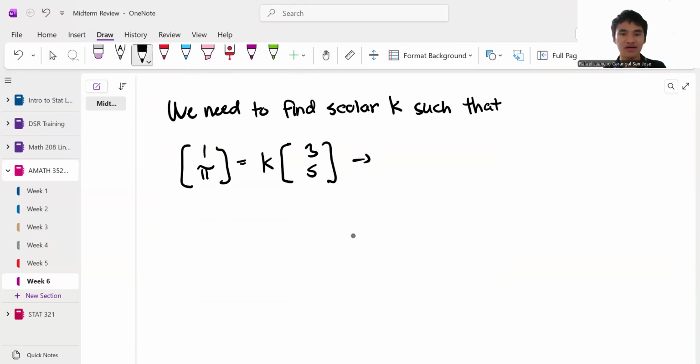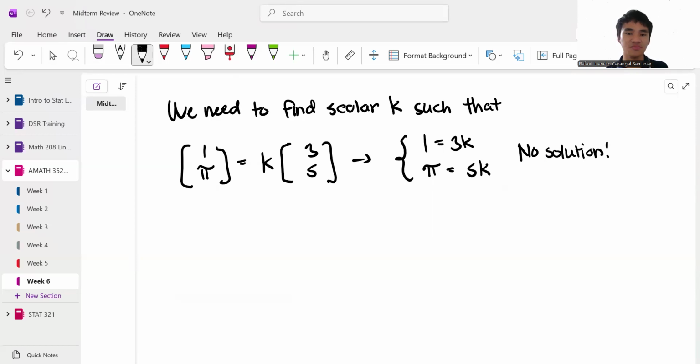That would be, this is actually just a linear system at the end of the day: 1 equals 3k, pi equals Sk, right? Here we see we got 3, but then here we don't get 3, right? So apparently no solution. This system is inconsistent, has no solution.